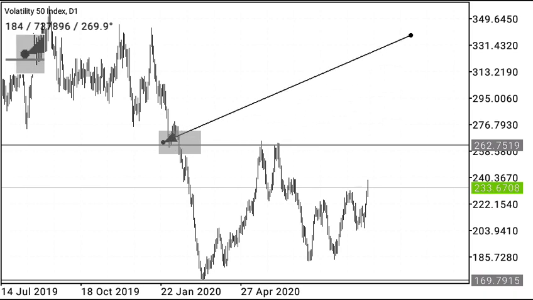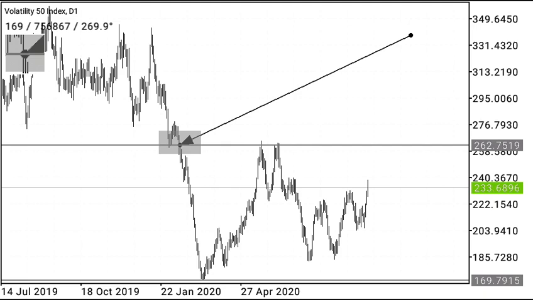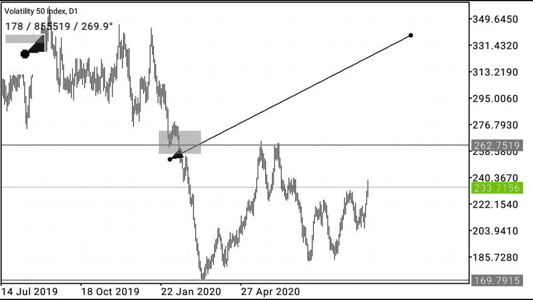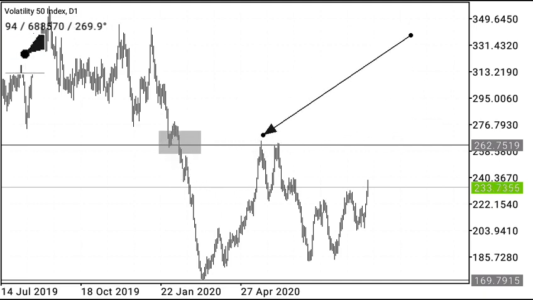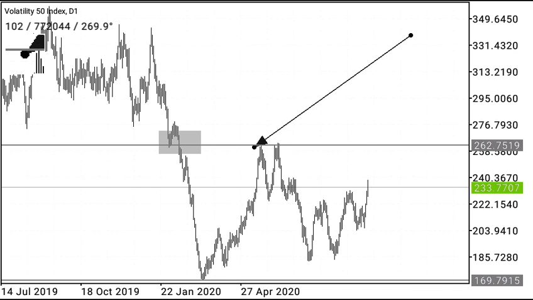So see, support, it held here, went up a little bit, broke. So eventually, because it is broken here, it sees a holder here as resistance. See, it was a support here, now segue to resistance here.